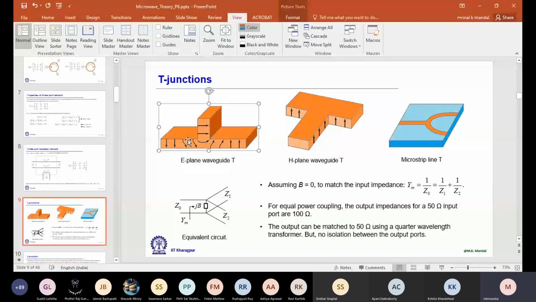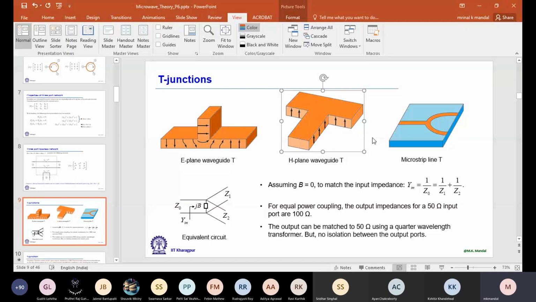Now, if I consider a plane which is perpendicular to it, as shown in the right figure, then we are considering the magnetic field plane. You recall, magnetic field forms loops encircling the electric field.